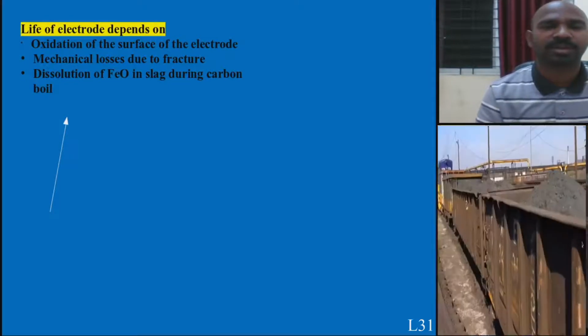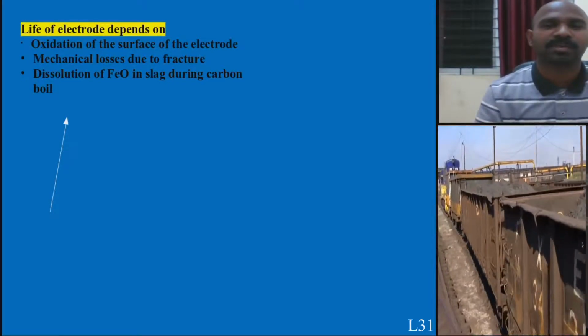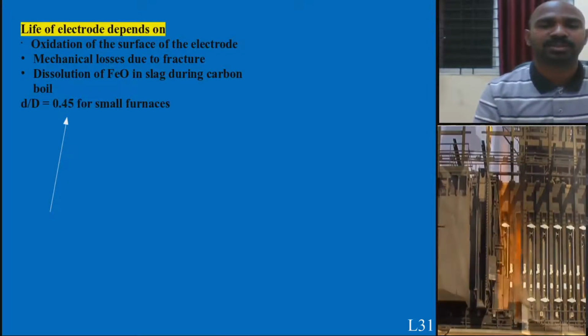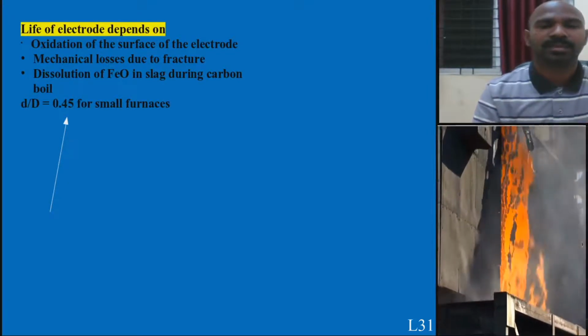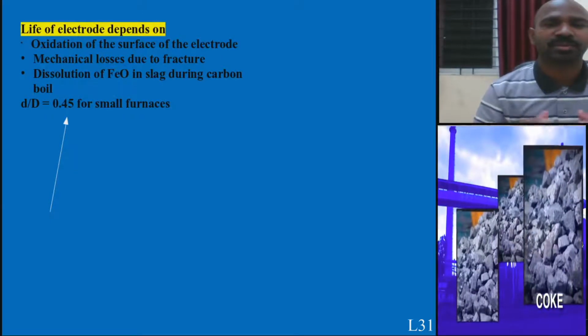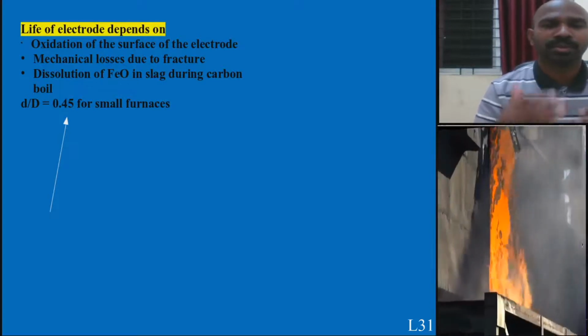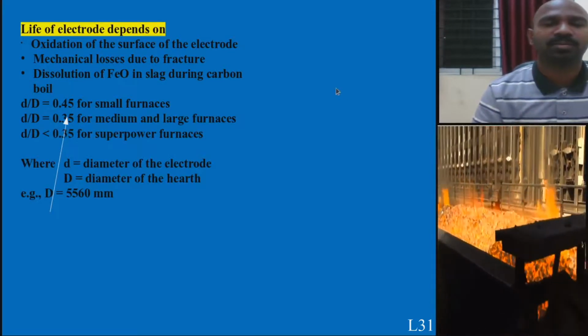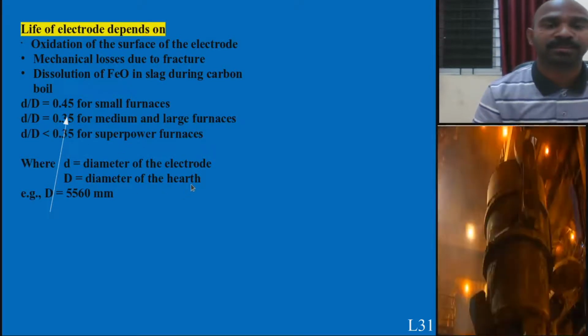C goes to CO and it moves out of the slag surface. The ratios are made for the dimensions of the electrode: d by capital D, where small d is the electrode diameter and capital D is the diameter of the earth.